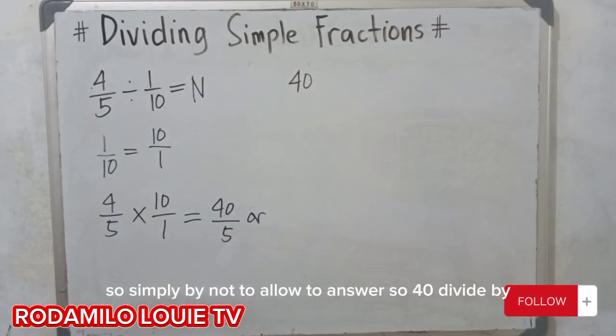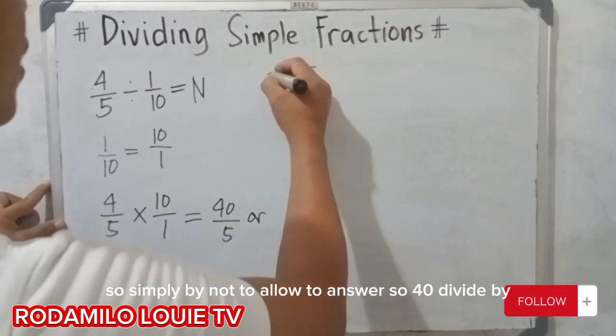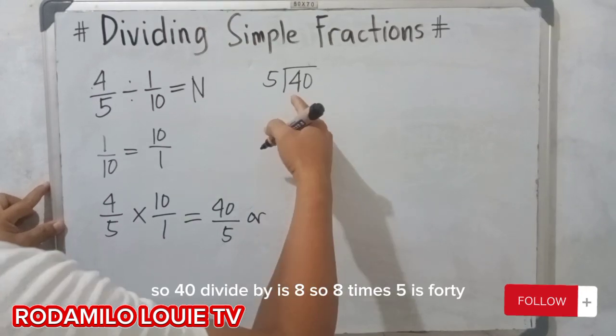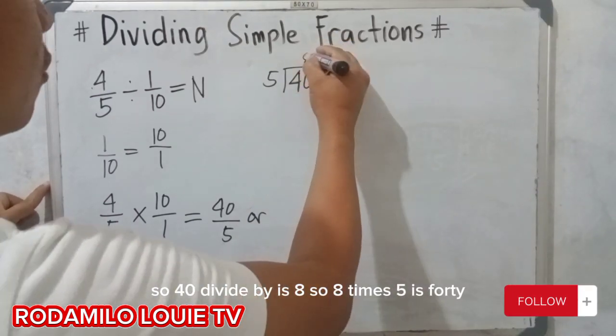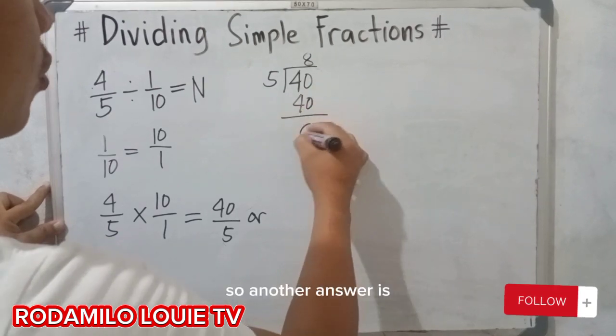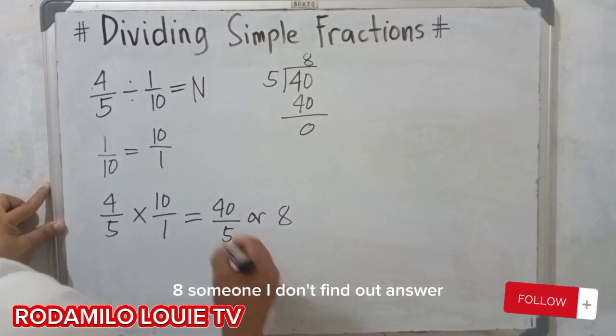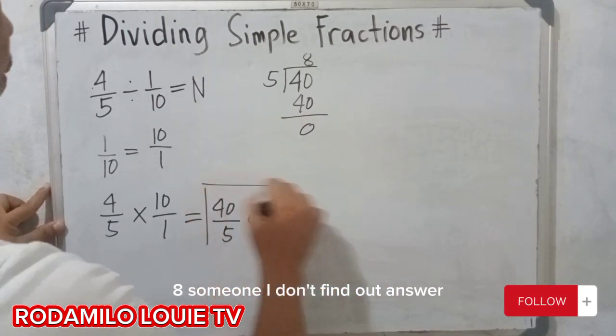So 40 divide 5 is 8. So 8 times 5 is 40. So ang atong answer is 8. So muna atong final answer.